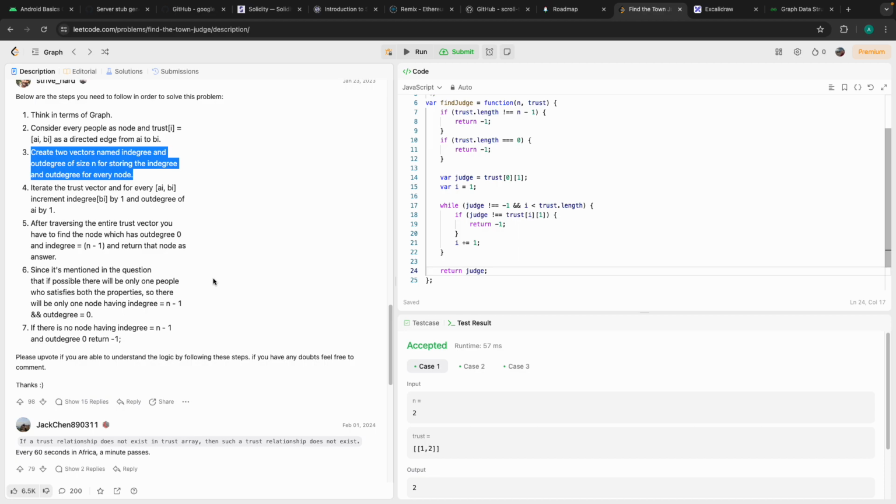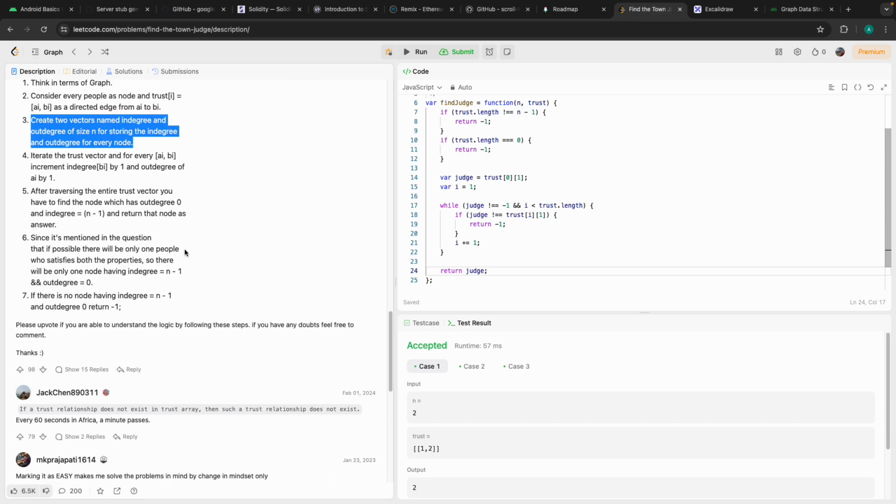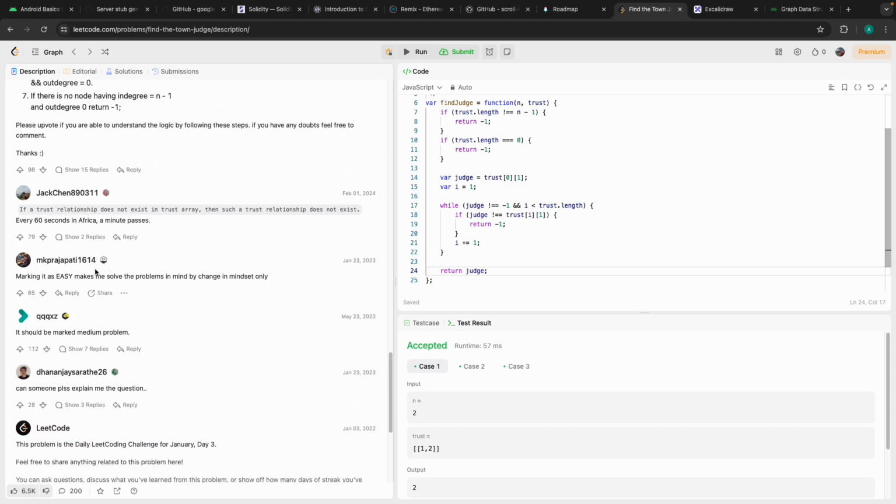Why? I can't understand how, I can't even realize what I need to do. Marking it as easy makes me solve the problems in mind by a change in mindset only.